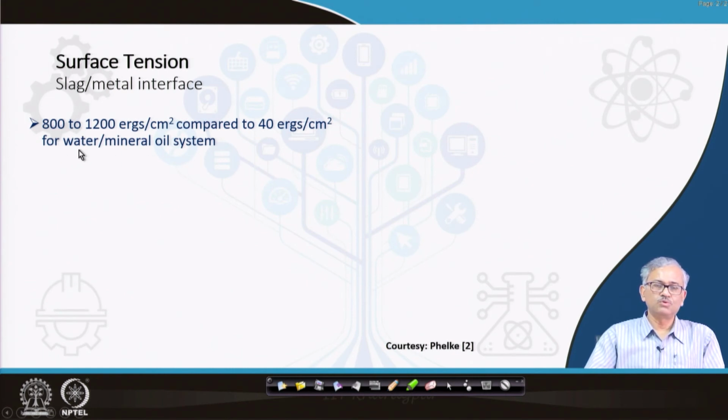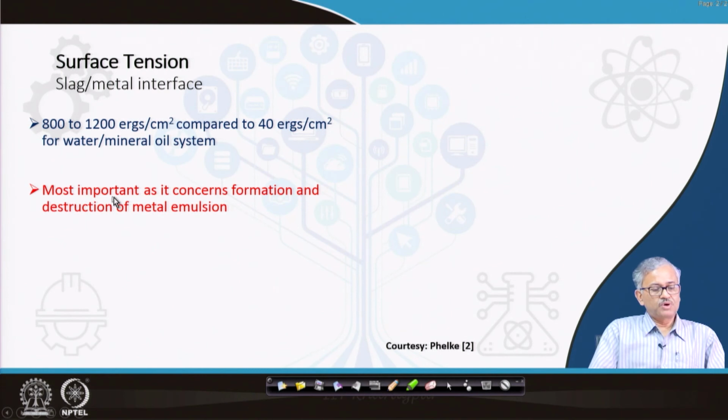Suppose water is a low temperature analogue for steel, and mineral oil can be the low temperature analogue for the slag. So it has been found that the water mineral oil system is only 40 ergs per centimeter square, and you can compare how high this value is, 800 to 1200 ergs per centimeter square. Okay.